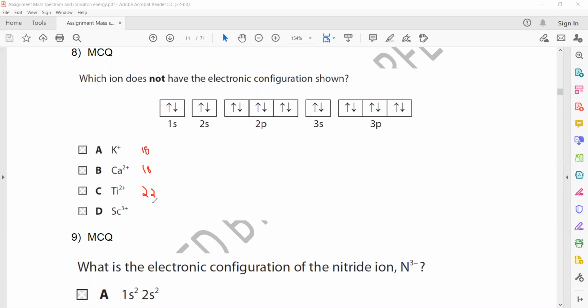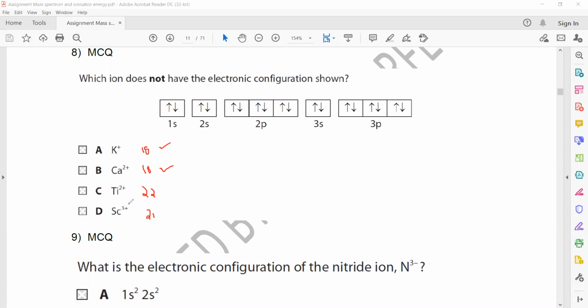Atomic number of titanium is 22, yeah. And scandium is 21. So 18 electrons, because 2, 4, 6, 8, 10, 12, 14, 16 and 18. So here it shows 18 electrons. So this is for potassium as well. This is for calcium as well.